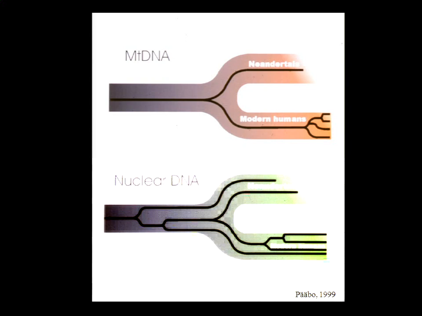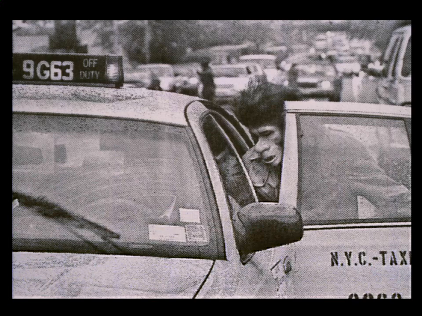So if from the mitochondrial data we know there was a split somewhere after 500,000 years ago between Neanderthals and modern humans, we know already, without studying anything in the nuclear genome, that some people today, for some part of their genome, must be closer to Neanderthals than other people today, just because the variation today is deeper than the population split to the Neanderthals. This is an attempt to illustrate that.